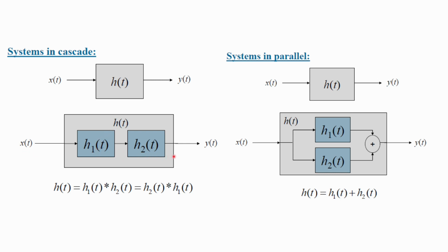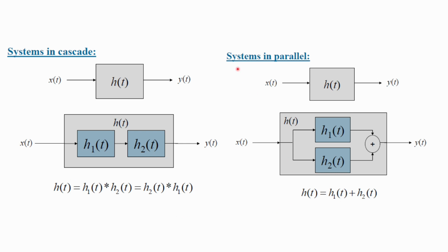So what we will get means x of t convoluted with h of t is equal to y of t. h of t is nothing but h1 of t convoluted with h2 of t. Clear? So the whole thing can be written as h1 of t convoluted h2 of t, or by using the commutative property we can write like this.